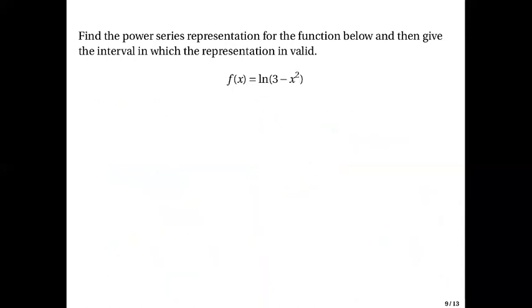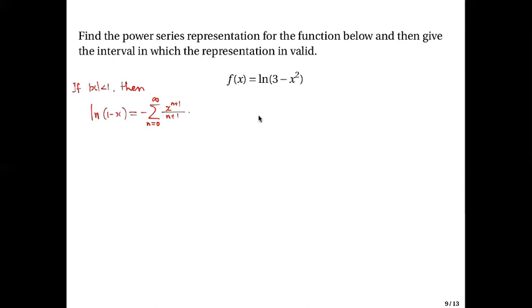For our next example, now we have the power series representation. We want to find the power series representation of f of x equals ln of 3 minus x squared. So if we recall, you have ln 1 minus x. If the absolute value of x is less than 1, then this guy here is equal to negative sum of x raised to n plus 1 over n plus 1, from 0 to plus infinity.